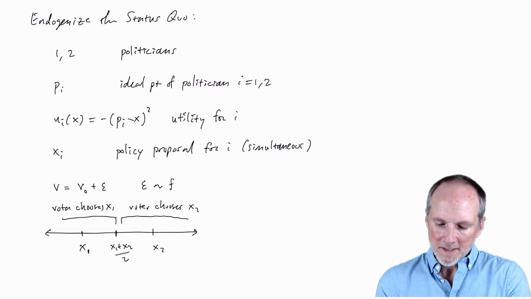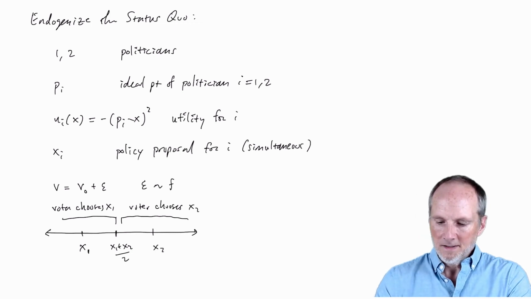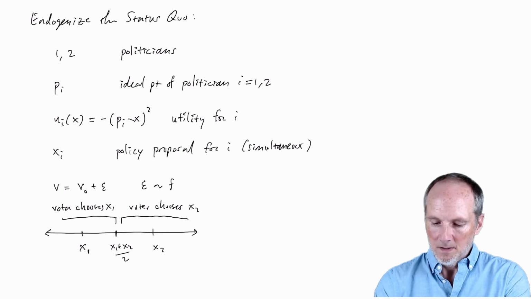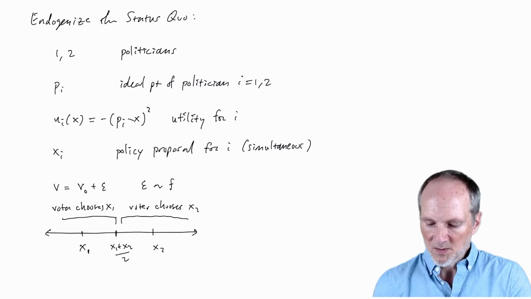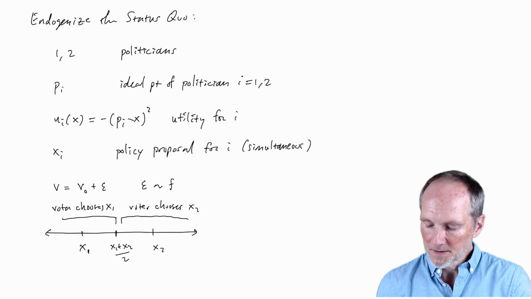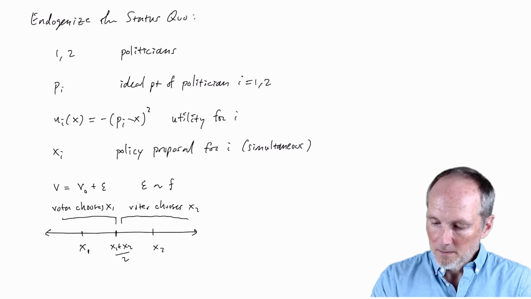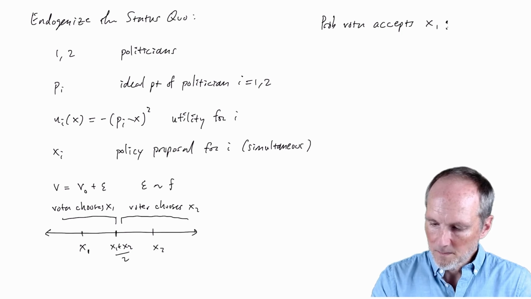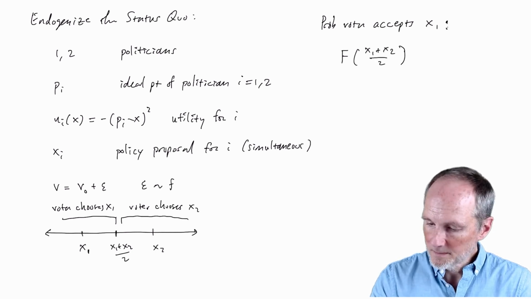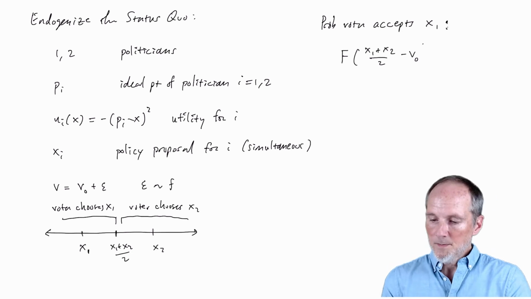So now instead of thinking about accepting or rejecting, it's really a choice between two policy proposals for the voter. So the probability that the voter accepts x1 is going to have the same form as before, minus the V naught.